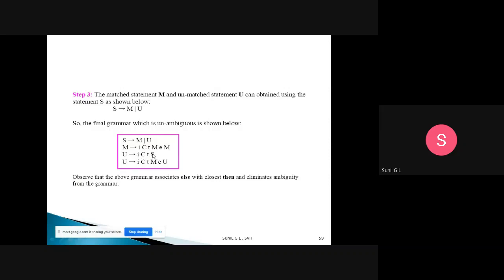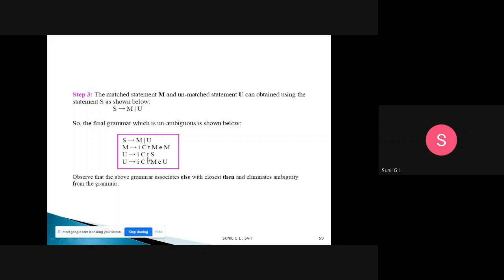This is the normal if statement. And for unmatched, U tends to if condition then matched statement or unmatched statement. So it means we are segregating that one, the normal if-else statement.